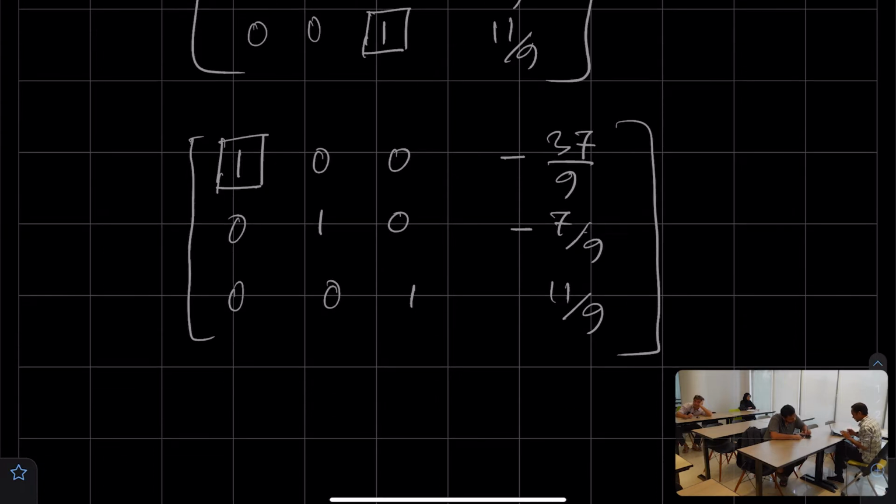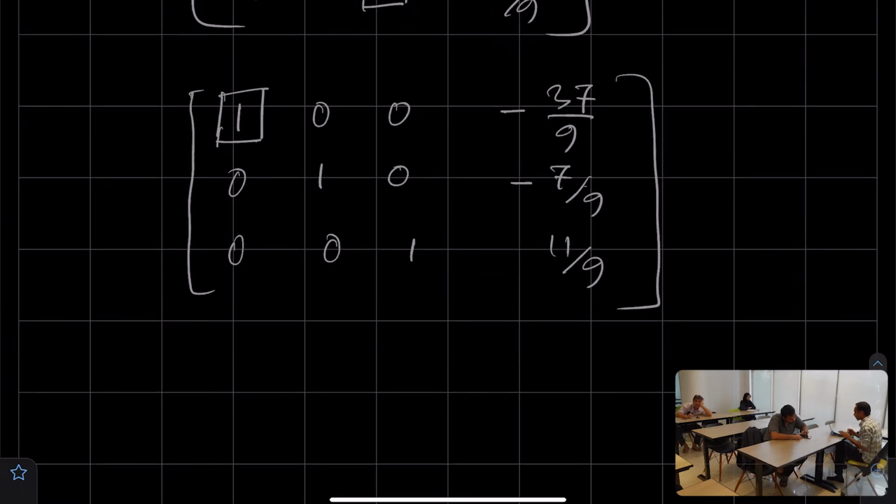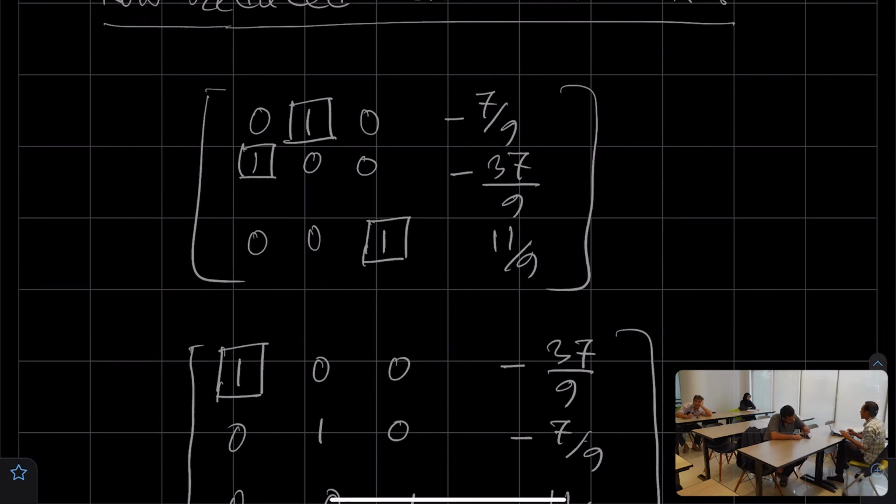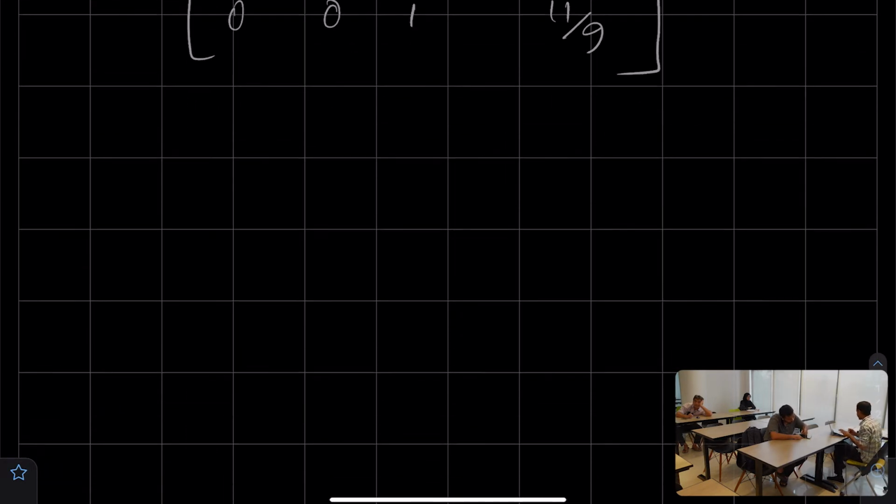So in light of this example, we can define what a row reduced echelon matrix is. Okay, so this is the definition.